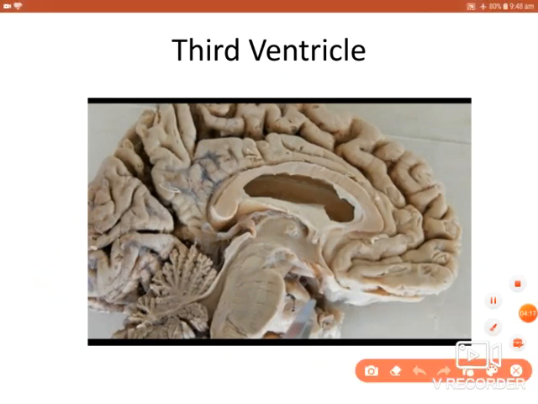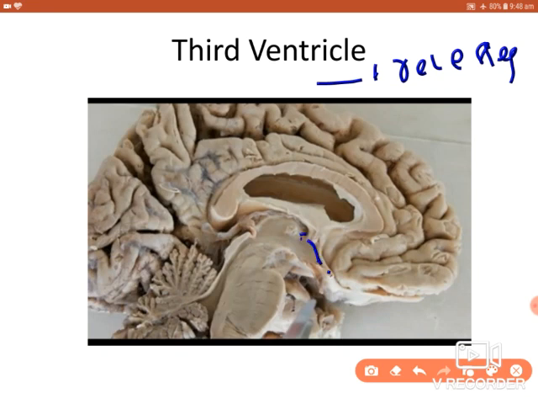Additionally, the prolongations of the third ventricle are called the recesses. Here above the optic chiasma, this prolongation is the optic recess. Then between the interventricular foramen and the anterior commissure, this prolongation is called the anterior recess.